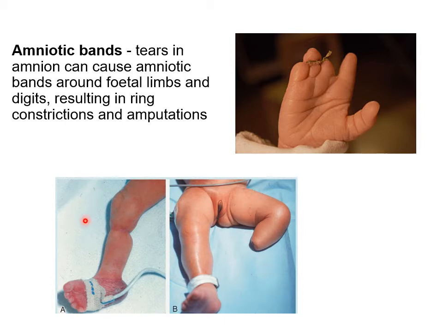But it can form bands around the fetal limbs, causing narrow areas, like a cut off finger, or here the leg itself has been amputated, so there might appear ring constrictions or amputations. Hence the importance of amniotic fluid. There should be enough so that no part of the fetus sticks to the amniotic membrane.